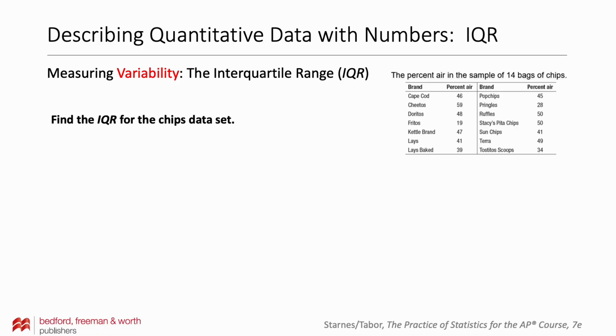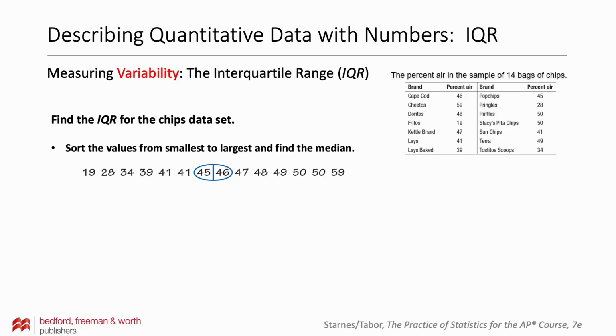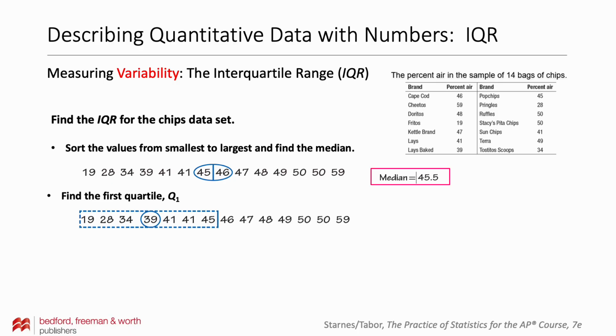Now, finding the IQR for the chips data set that we looked at before. We're going to sort the values from smallest to largest and find the median. Then we're going to find the first quartile, which is going to be in the middle of the lower data. Notice that this number, we didn't use it, so it's part of the lower data, and the one in the middle is going to be our Q sub 1.